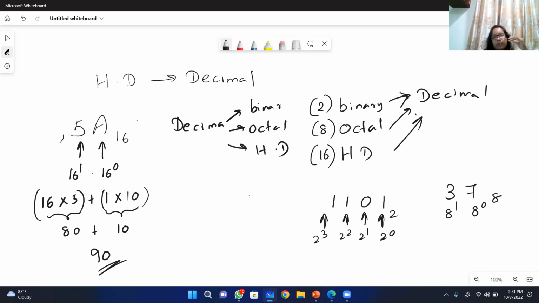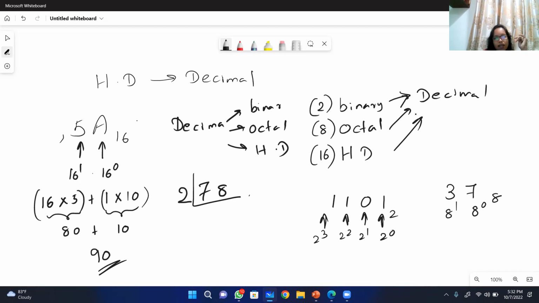Then decimal to octal, decimal to hexadecimal. Can you remember how we converted a decimal into binary? Say 78, I want to convert this into binary. What do I have to do? I have to divide this by 2, no? You have to divide by 2 until the remainder becomes 0.